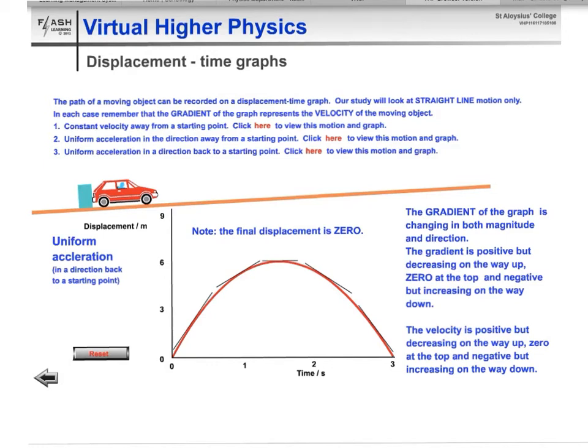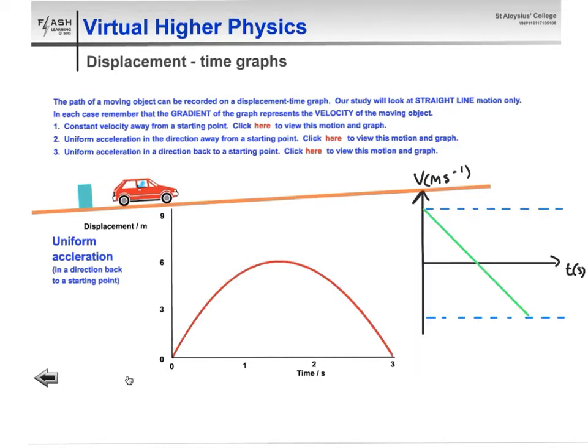We're going to try and tie in with that what the corresponding velocity time graph and acceleration time graph would look like. So here's the velocity time graph. Hopefully you remember this from last day's slide, where if the car starts off with a given velocity, whatever this gradient is at the start here, that's the gradient on the displacement time graph, that's telling you the velocity.